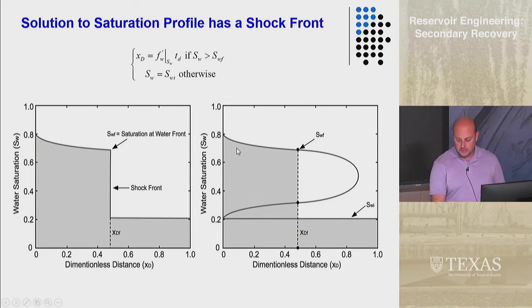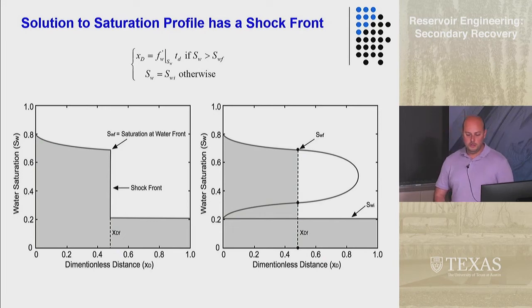We get this thing that does this, and it comes around, and then it does this, and that doesn't make any physical sense. But there's some location, XDF, where you have the shock front. And so the physical solution looks like this. This is our leaky wall that's moving from left to right at different times. Remember, this is just a snapshot at a time.